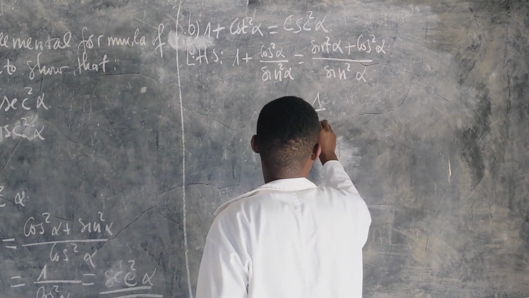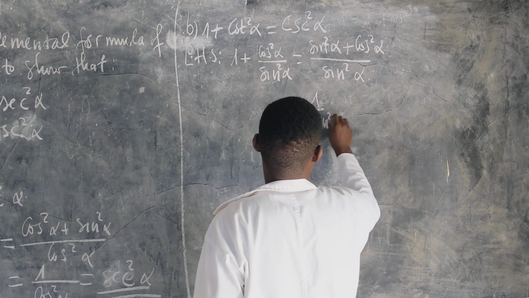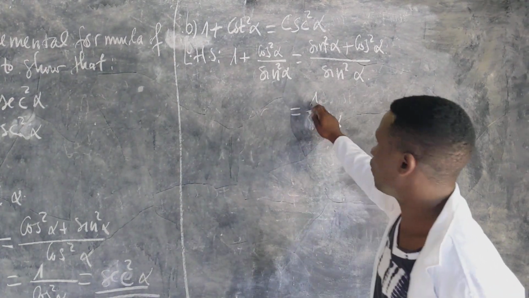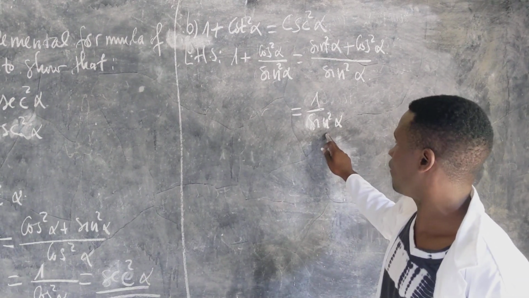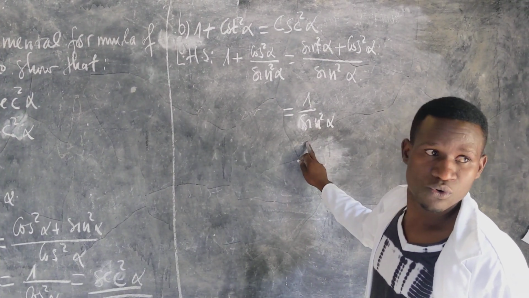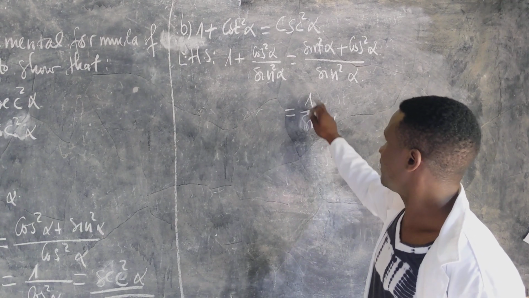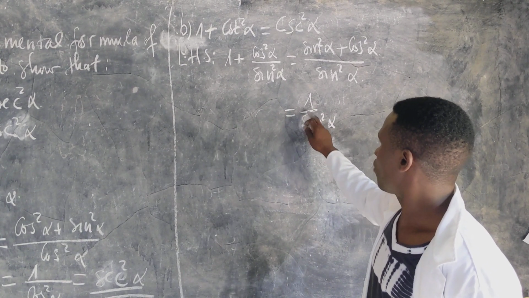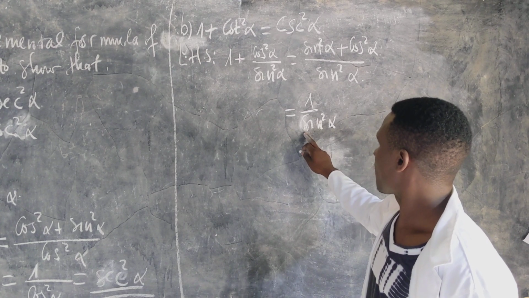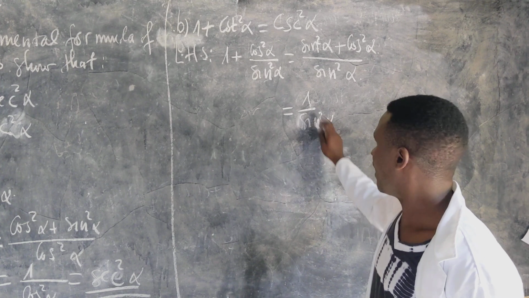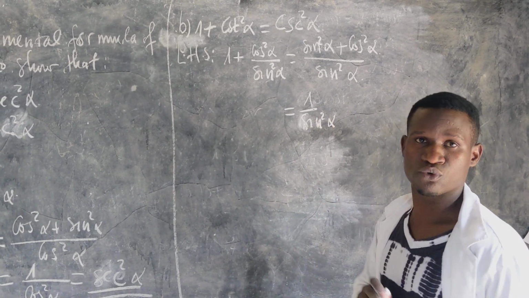So now we can have 1 divided by sine square of alpha. We have seen that 1 over sine of angle alpha is equal to cosec. This means that 1 over sine square is equal to cosec square.